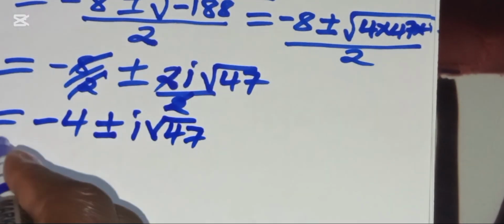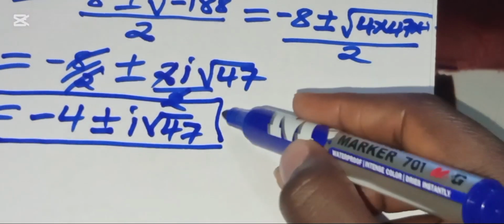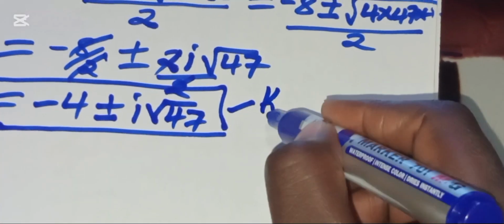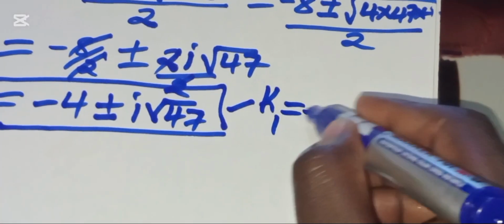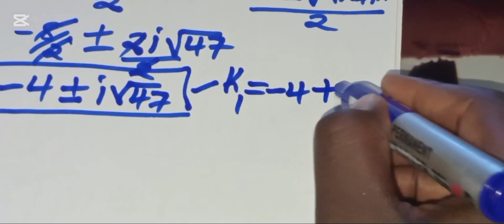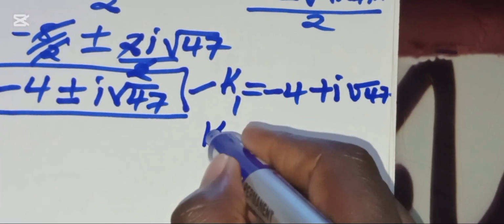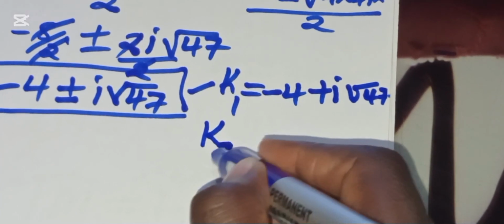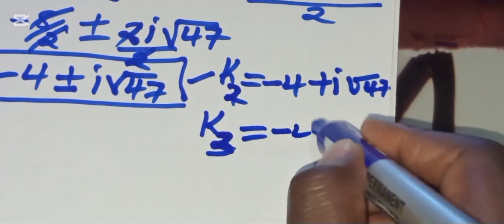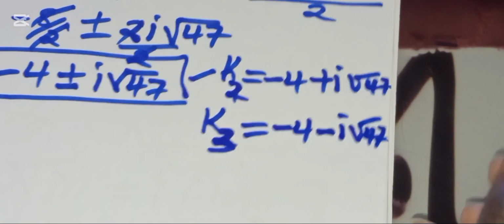So we have two complex roots, k2 is negative 4 plus i square root of 47, and k3 is negative 4 minus i square root of 47.